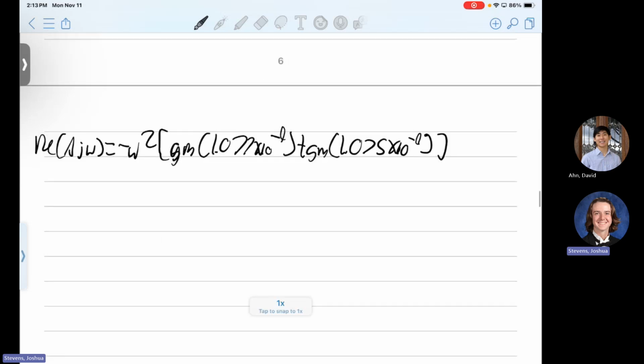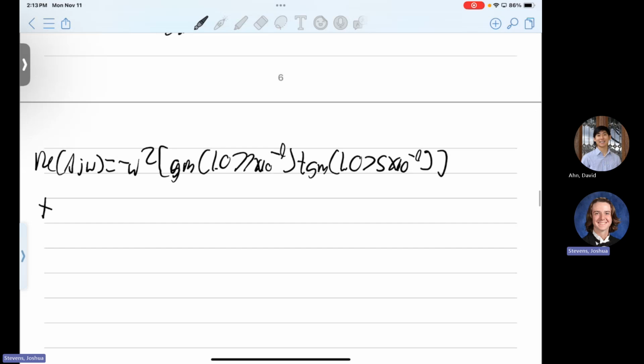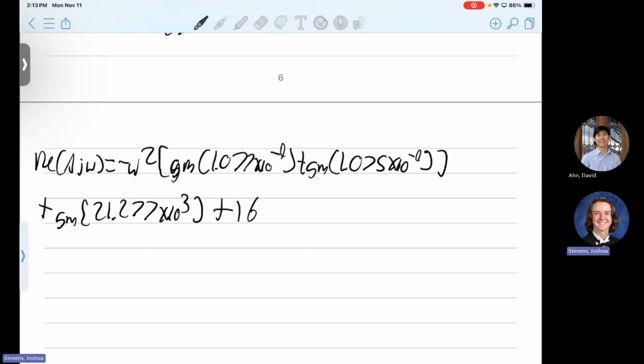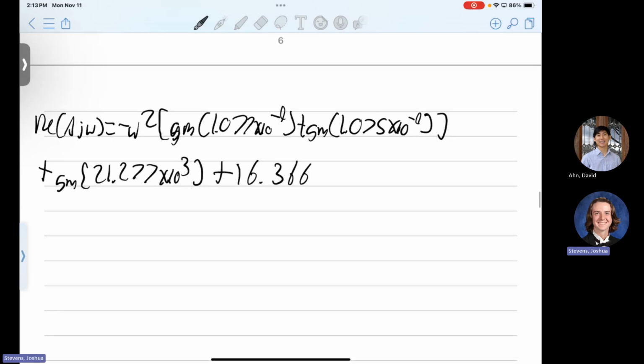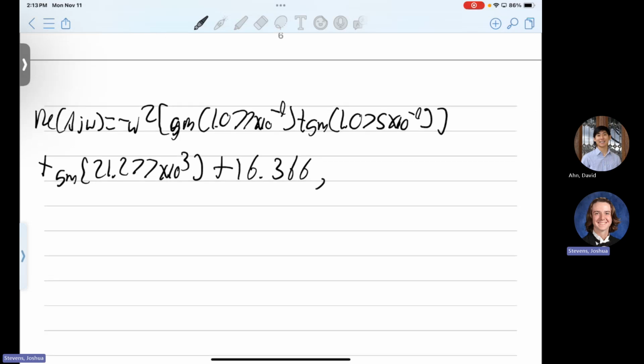And this is all being added to by GM times 21.277 times 10 to the 3rd. It's just 3rd, not negative 3rd. Plus 16.366.